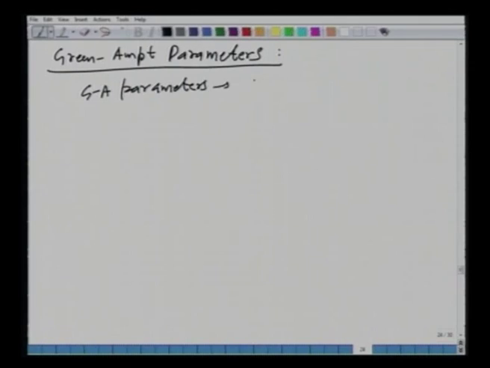What are those? Hydraulic conductivity is what we need to know for that soil. The porosity is what we need to know. Also the suction head psi for that particular type of soil, and also the initial conditions. So, for a particular type of storm or a particular situation, theta I, or in other words your SE for initial conditions, is what we need to know.